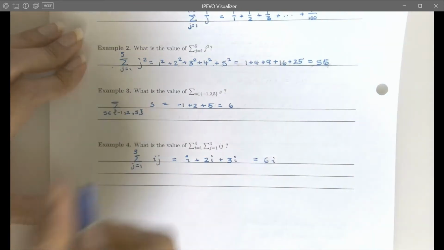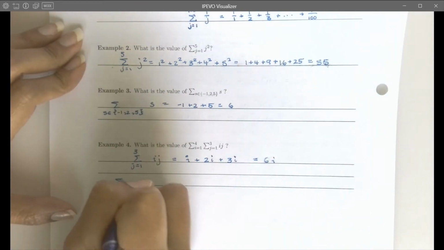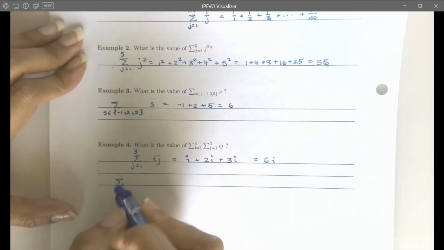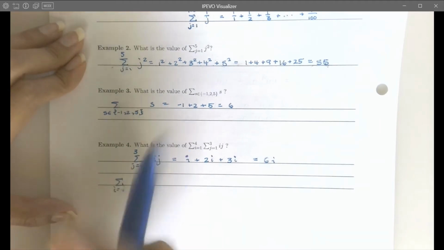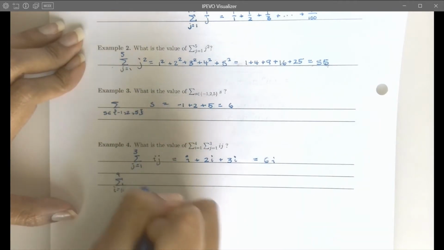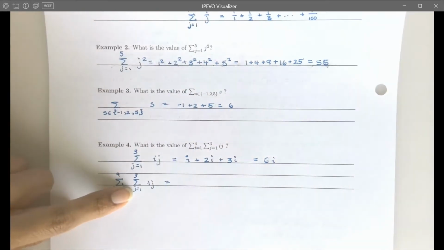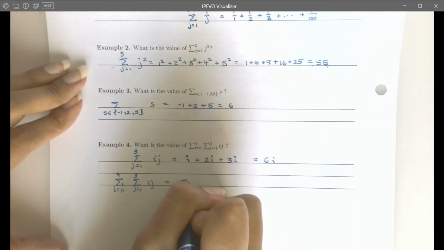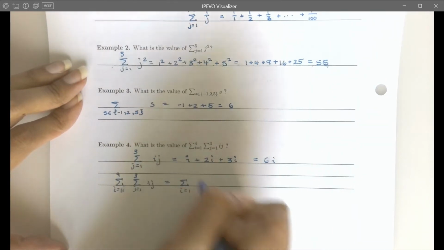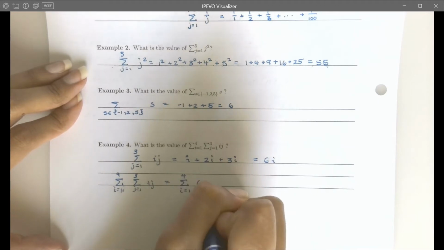And so what that means then, if we have the sum i equals 1 to 4 of the sum j equals 1 to 3 of ij, and we've already evaluated the inner sum, is that we have the sum i equals 1 to 4 of 6i.